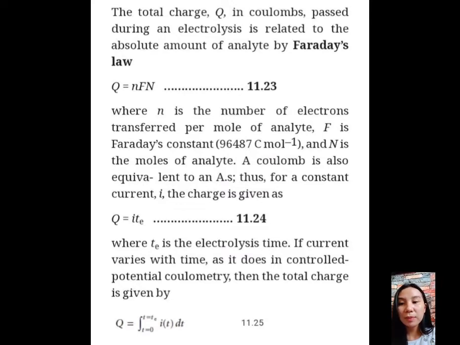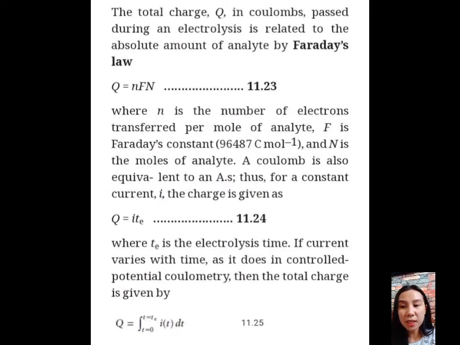A coulomb is also equivalent to an ampere-second.